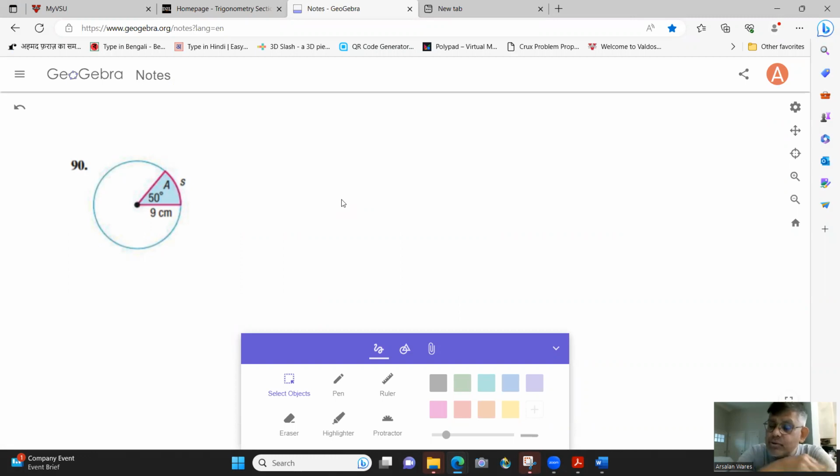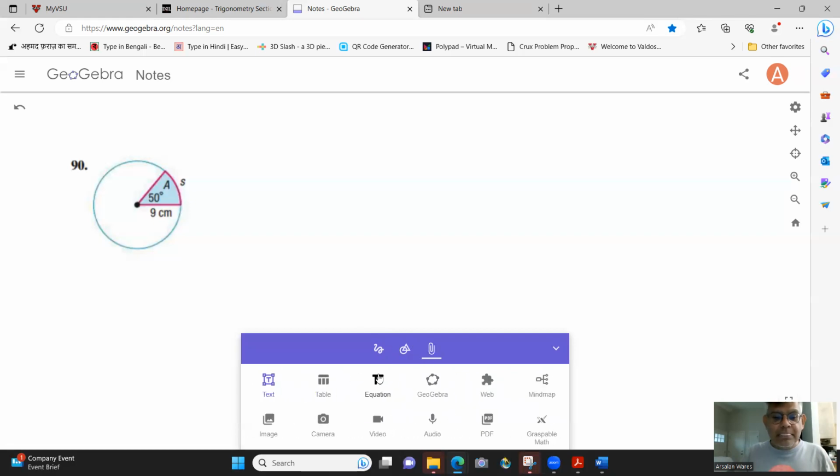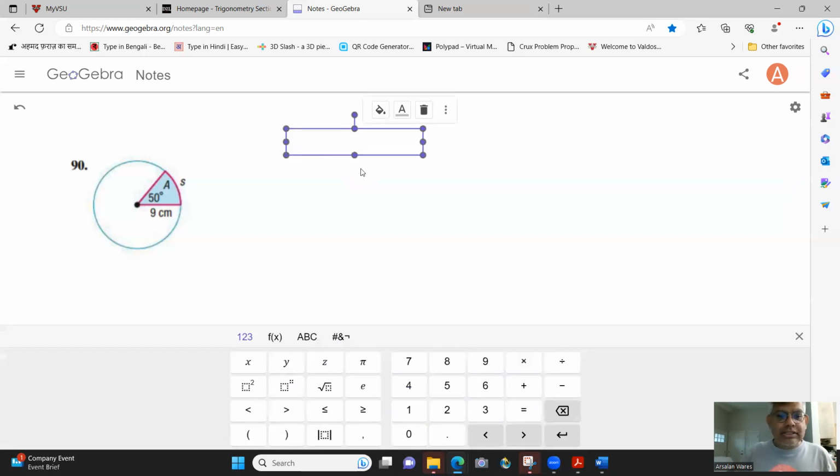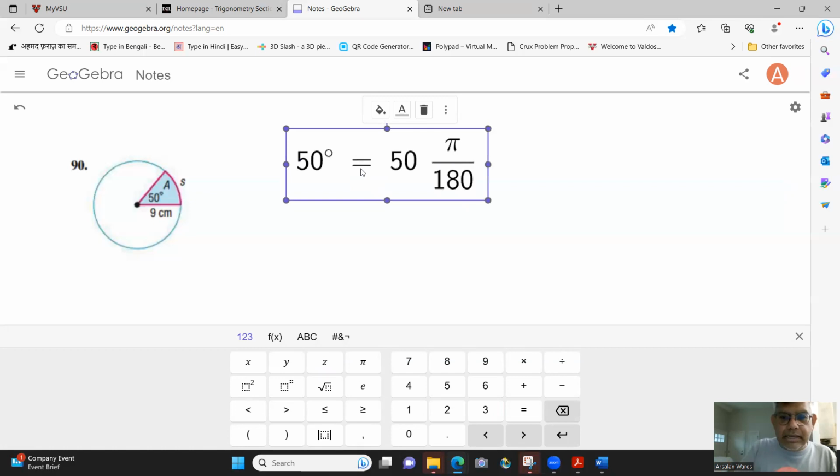All right. And if you go through the same steps, I'm not going to go through it over and over. Hopefully that's okay. So you can show that 50 degrees is simply 50 pi divided by 180.